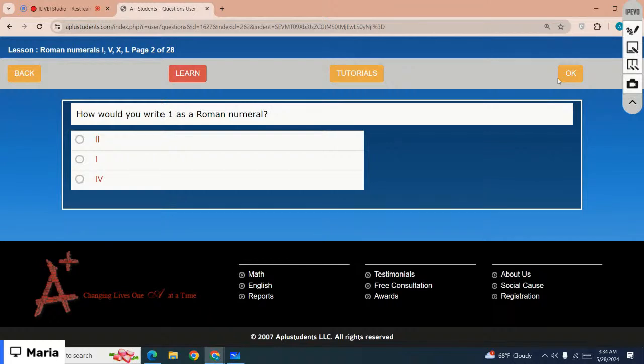How do you write 1 as a Roman numeral? Which is the correct option? The second one, that's how you write 1, right?